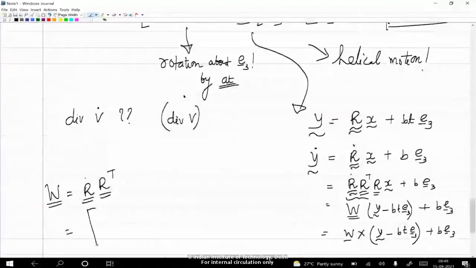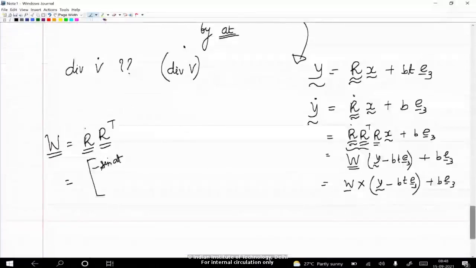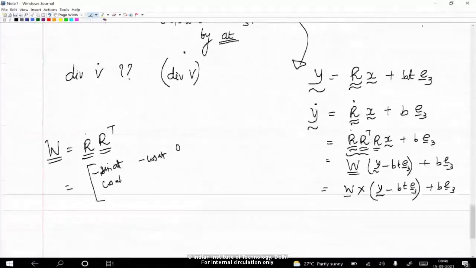First it was cos, so that becomes minus sine of at. Then you had minus sine, that becomes minus cos at and 0. And then you have sine of at, that becomes cos of at. And then cos of at becomes minus sine of at, 0. And then you have 0, 0, 0.